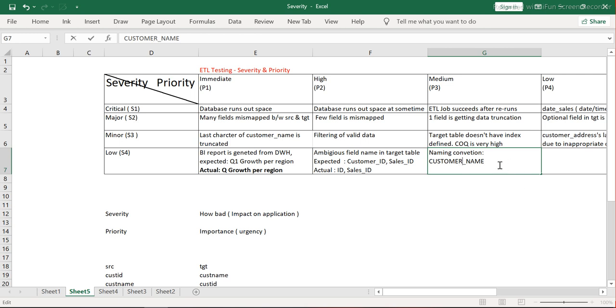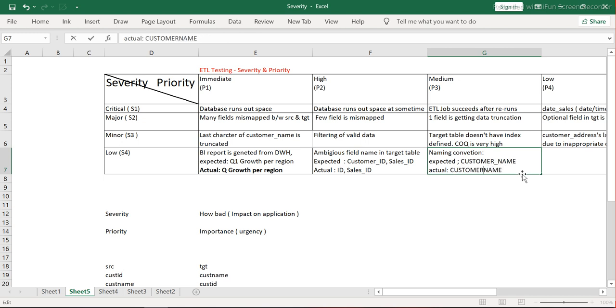This is expected. But actually, what is happening is, instead of customer underscore name, it is coming as customer name only.